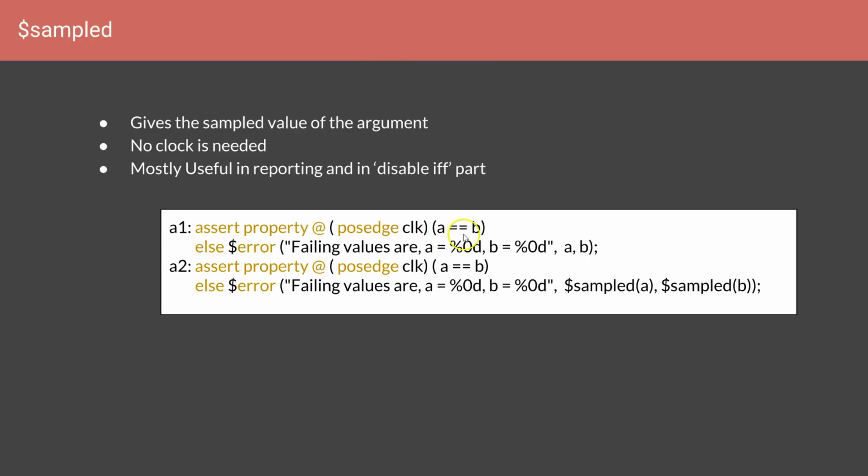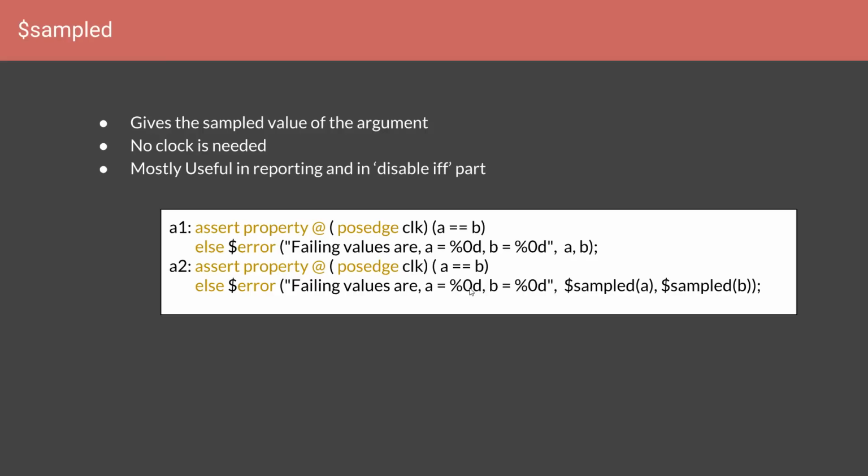So even though the assertion is failing because A is not equal to B, since the sampled values of A and B were 0 and 1, the statement will print failing values are A is equal to 0 and B is equal to 0, if the variable B was getting updated in the active region of the current time region. But if you are using the $sampled function here, it will simply return the sampled value of these variables, and you will not get a false error message.